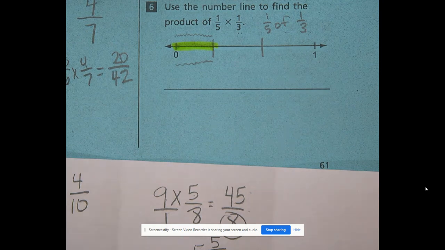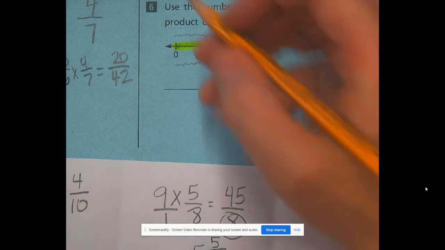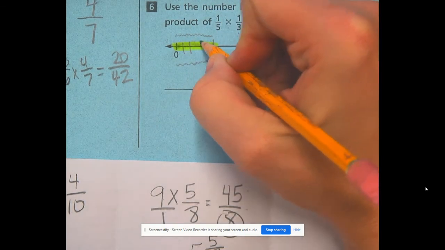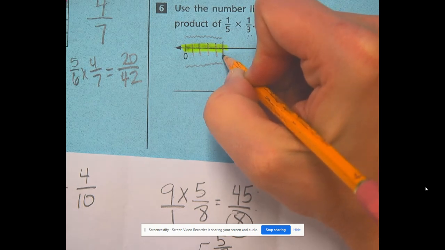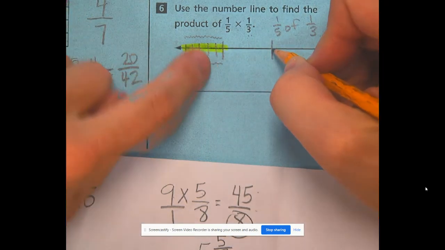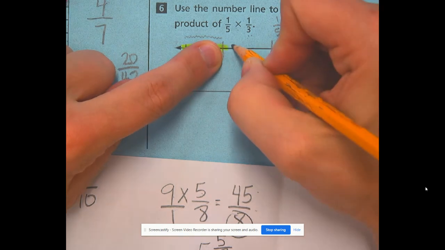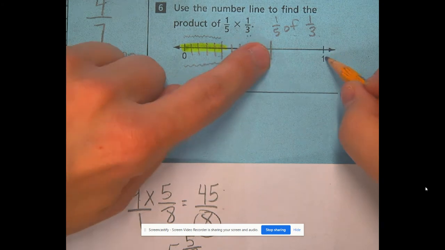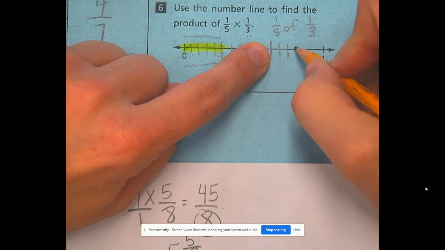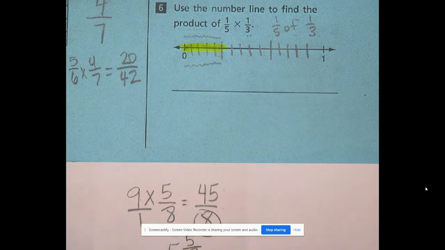Now, what do I need to do to that 1/3? Cut it into fifths. 1/5, 2/5, 3/5, 4/5, 5/5. Now, because I cut this into fifths, what do I need to do to this third? Cut it into fifths. Okay?